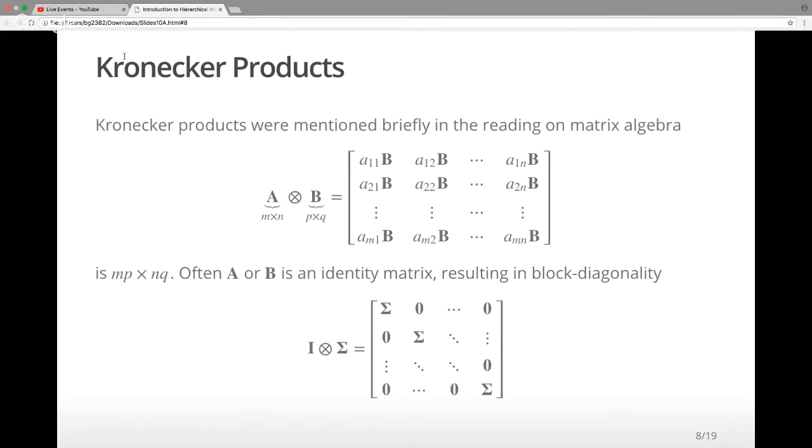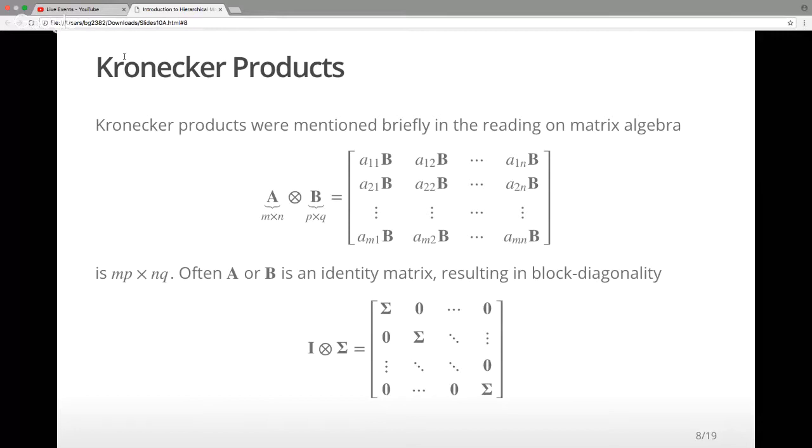So the Kronecker product of a matrix A that has m rows and n columns with a matrix B that has p rows and q columns results in a matrix with mp rows, the product of the number of rows, and nq columns, the product of the number of columns in the two matrices.